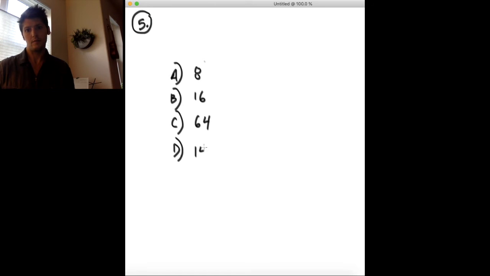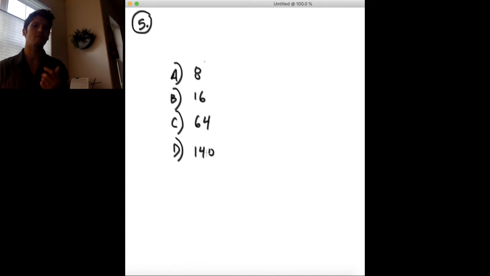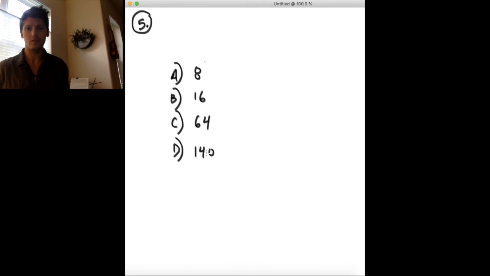Now, it doesn't mean you have to spend a bunch of time staring at answer choices and wondering about the deep hidden meaning of these answers. I haven't quite figured out why 140 is there, and I don't actually care that much. What I'm noticing is this thing about 8s and 16s and 64s, right? This is 8 squared, or 8 times 2, and this is 8 squared.